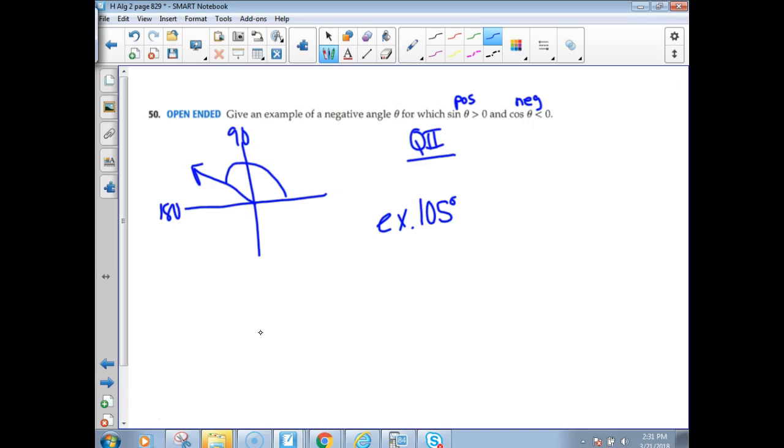Oh, give an example of a negative angle. I didn't even write the right one here. I just totally wrote up one that's in quadrant 2. It needs to be a negative one, right? So it'd be negative 185 or something like that.